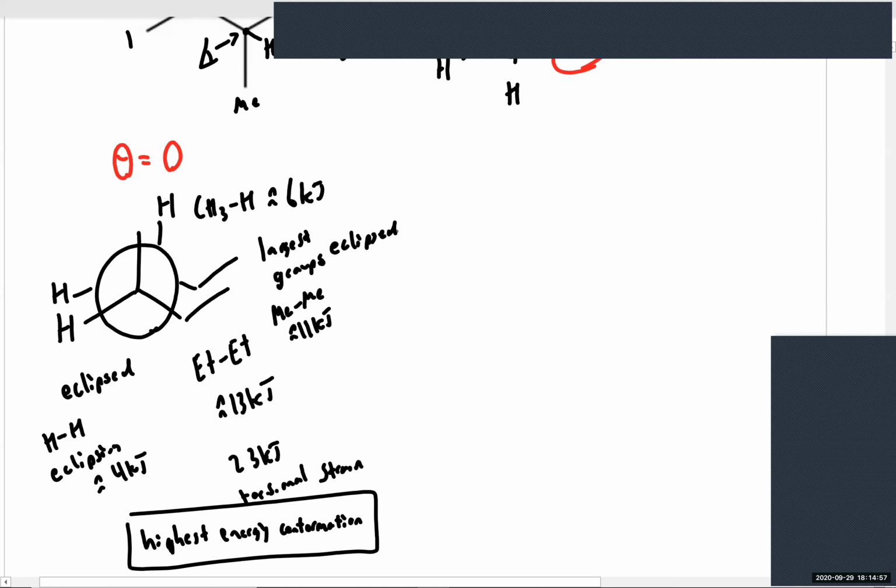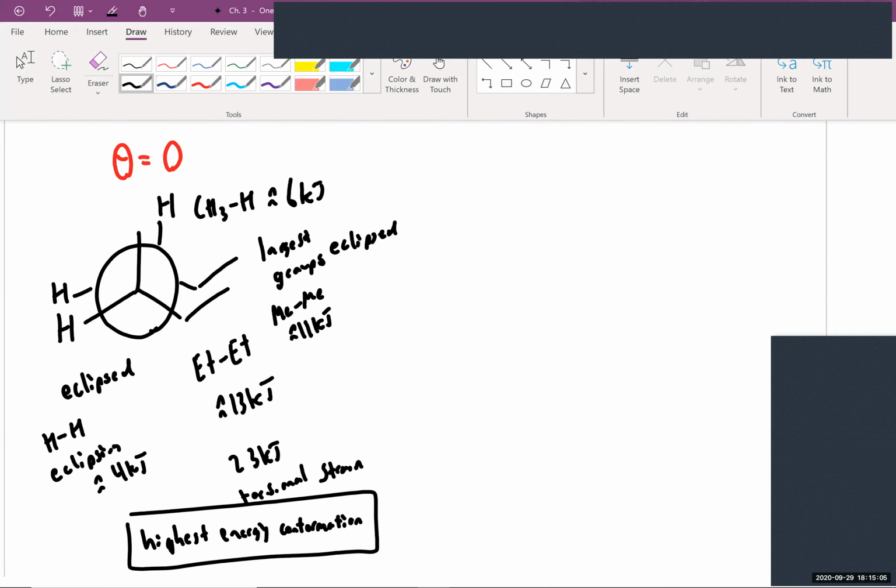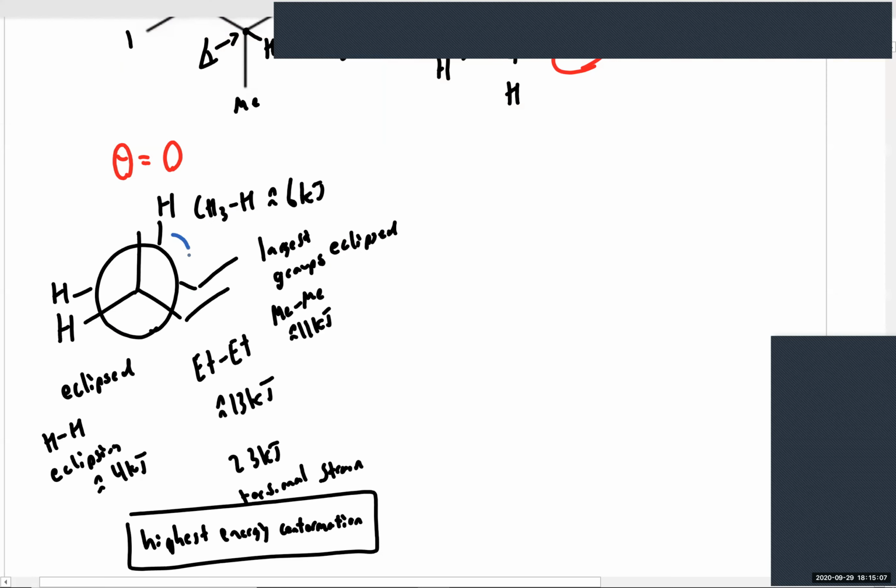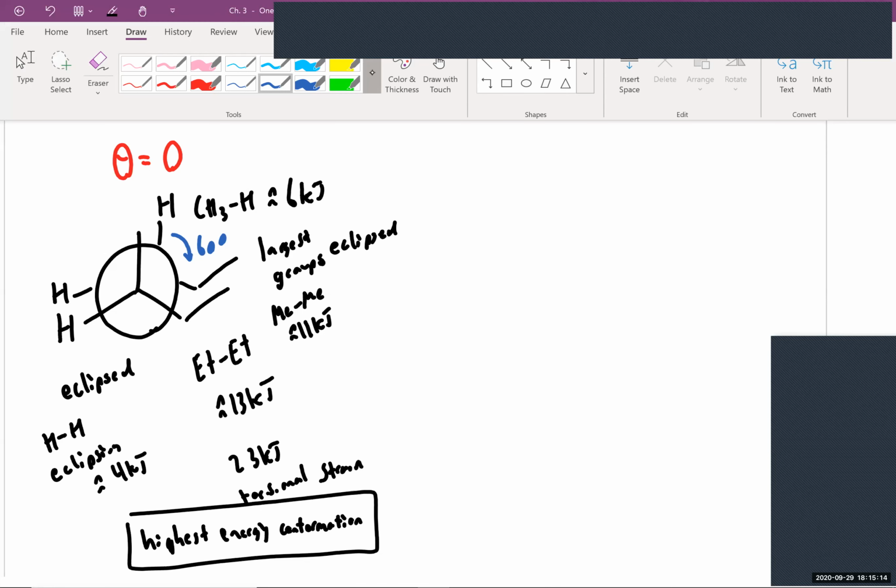However, we're still going to entertain the other possibilities. So we're going to rotate our back substituents 60 degrees, and we will draw what we see.